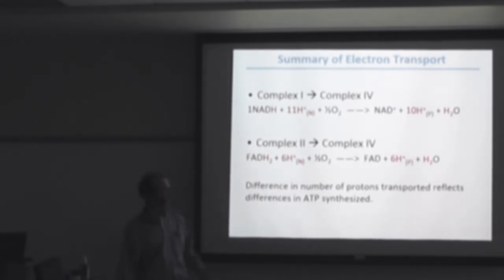Right? So just understand that difference. The difference in the number of protons transported reflects the differences in the amount of ATP you can synthesize with either NADH or FADH2. And if you remember, it's that complex 1 versus complex 2, that's the big difference. Complex 1, we pump protons across. Complex 2, we do not, right?